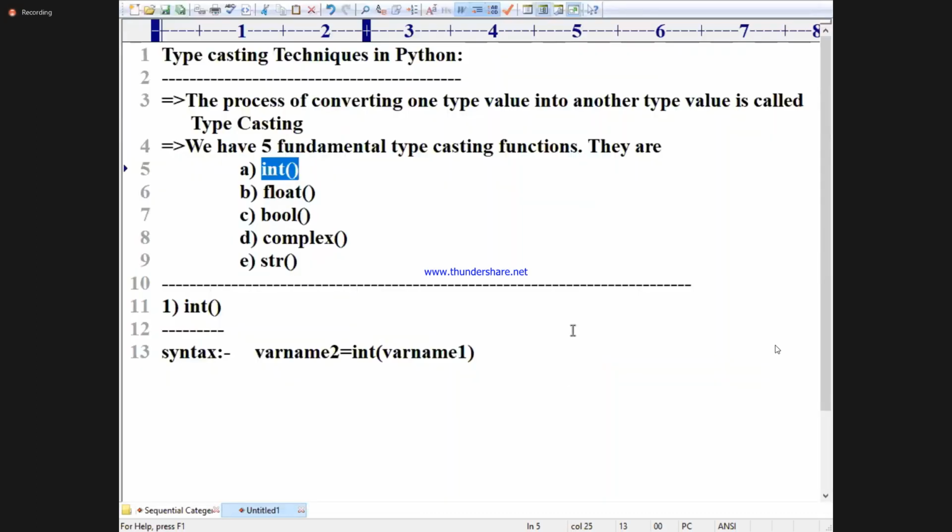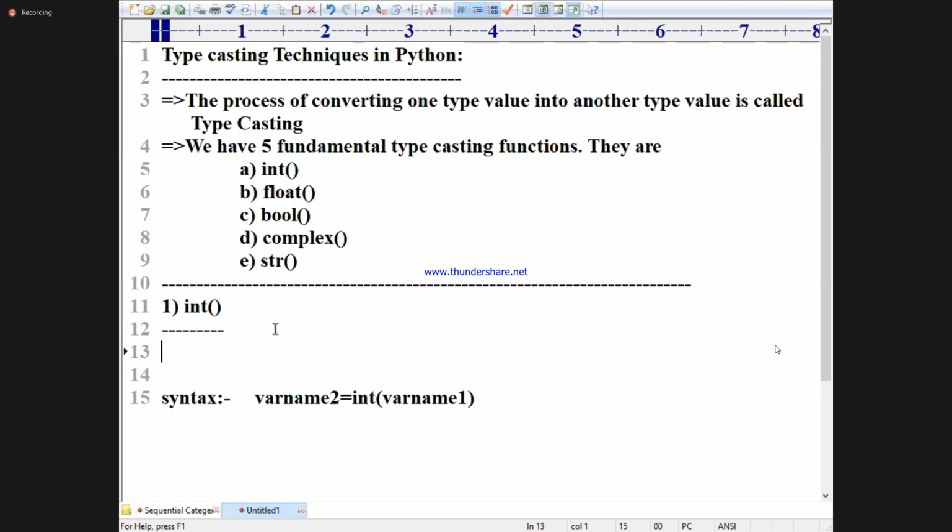Now tell me, what do you understand about this int function? I am writing what we discussed. Tell me the purpose, all of you. Waiting for the answer.